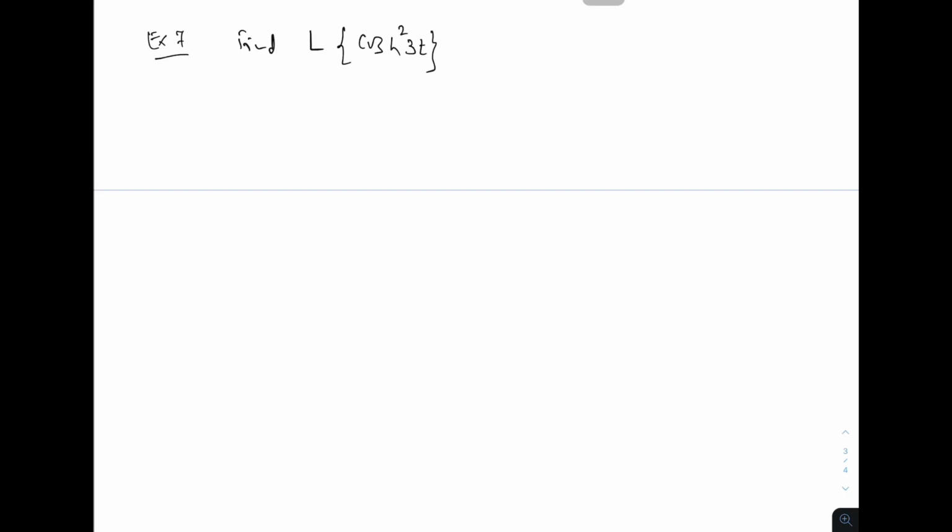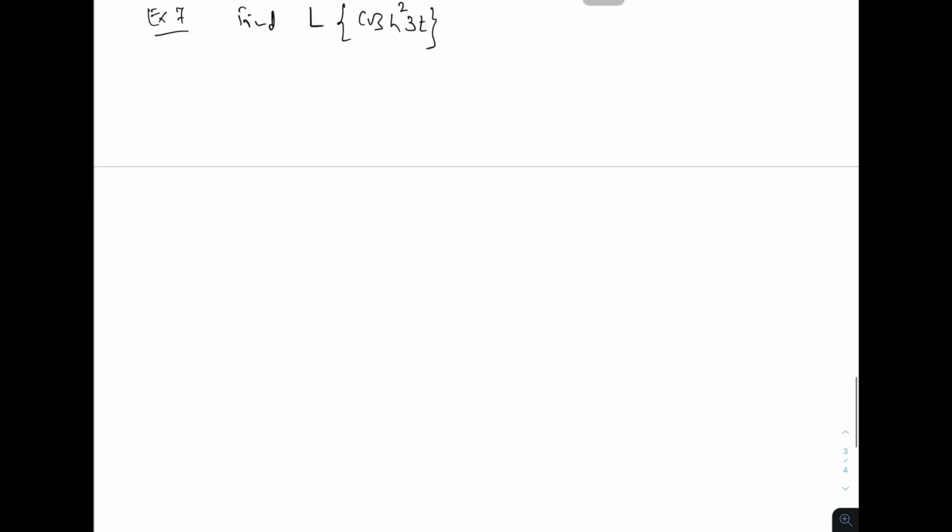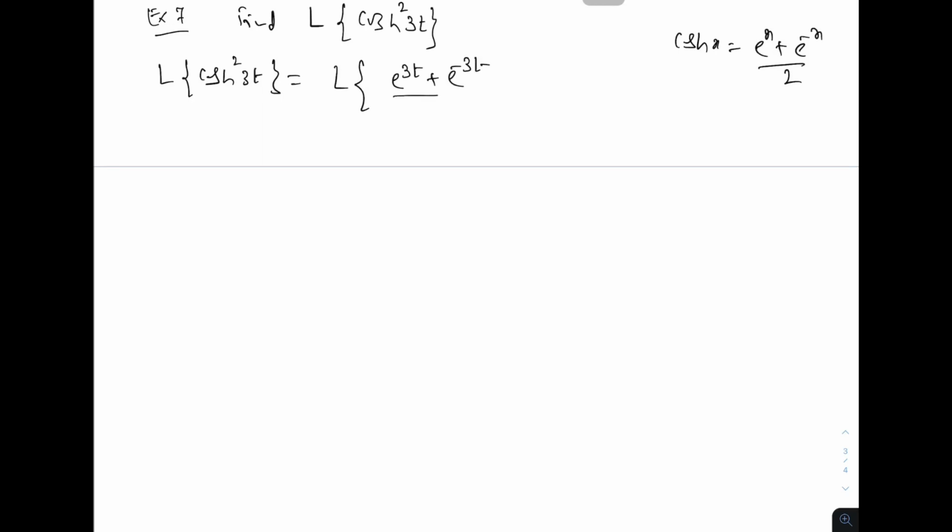Now here what we can do is, we know that cosine hyperbolic x is equal to (e power x plus e power minus x) by 2. So we can do like this: cosine hyperbolic square 3t is Laplace transformation of, it is (e power 3t plus e power minus 3t) by 2, and its square.